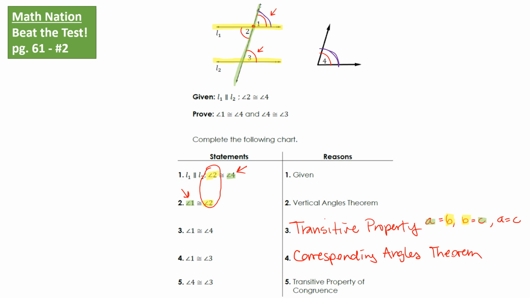If angle 1 and angle 4 are congruent, and angle 1 and angle 3 are congruent, guess what they have in common? They have angle 1 in common. So that leaves me with angle 4 and 3 also being congruent, which leads us to the transitive property of congruence. All right, guys, so that ends today's lesson on parallel lines with transversals, talking about proofs.